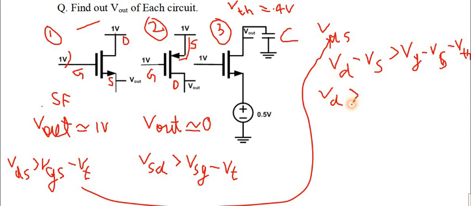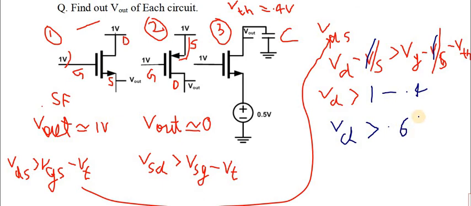So VD should be greater than this VS, and this VS will get cancelled out. So VD should be greater than VG, which is given as 1 volt, and VTH I am assuming 0.4. So 1 minus 0.4. So VD should be greater than 0.6 volt if you want to drive this amplifier in the saturation condition.